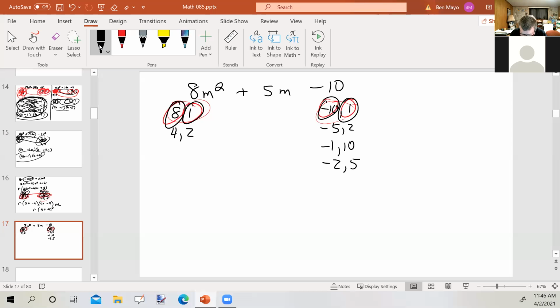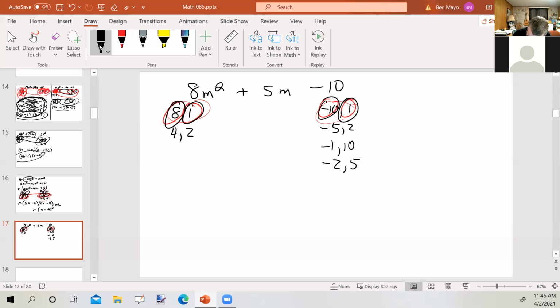But let's see here, 16, 5, 40, that's not going to work. 24, 20, let's see, 10 and 8, 20 and 4. I'm not seeing any, and I want to be really careful that I don't miss any.